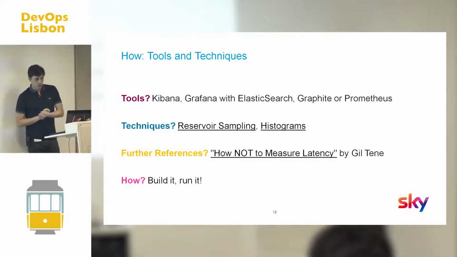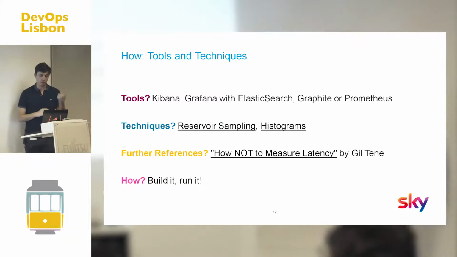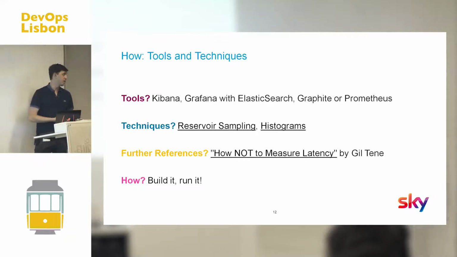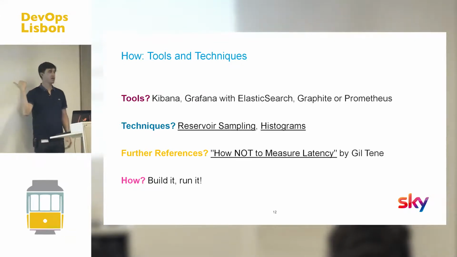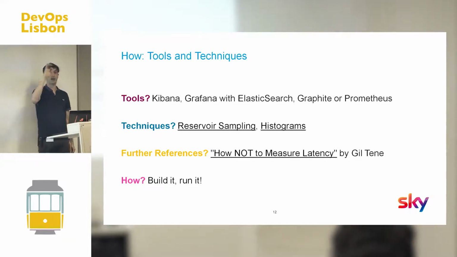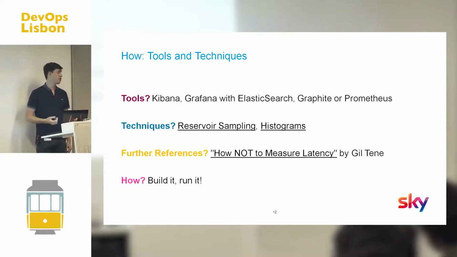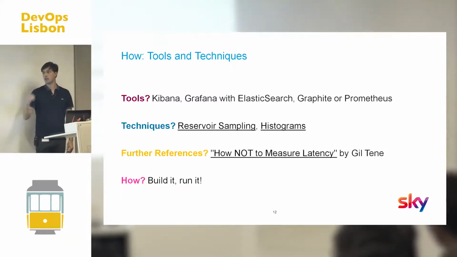To sum this up, tools to implement this: you have seen Grafana and InfluxDB. We have Kibana together with Elasticsearch to look at logs. The temporal analysis was done on Kibana. It supports quantiles. You have Graphite or Prometheus as backend stores for time series, as you can use InfluxDB.